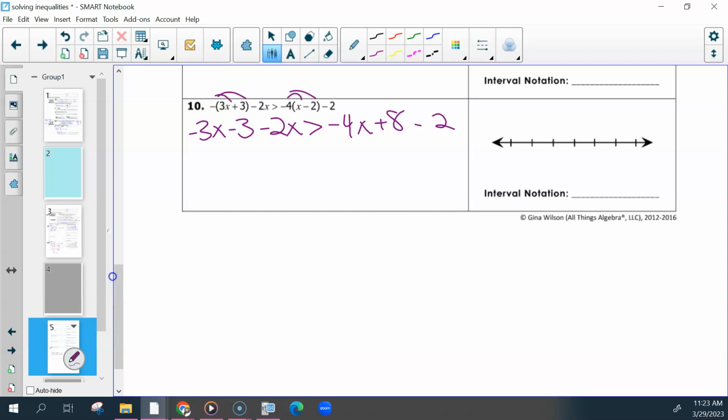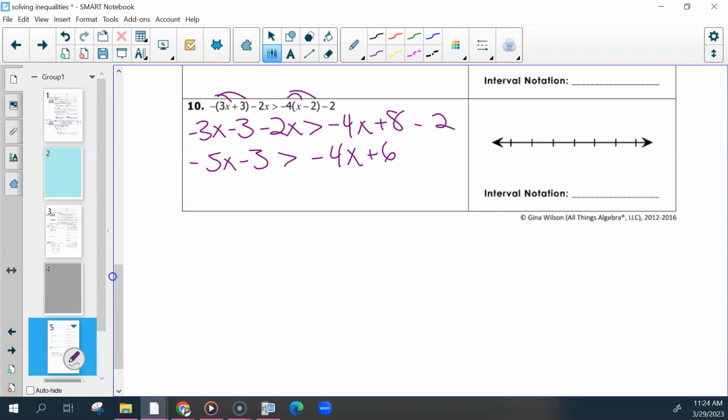What would be our next step? Combine like terms on the same side. So negative 3x minus 2x would give us negative 5x. 8 minus 2 would give us positive 6. And then just like when you're solving equations, here you have choices.